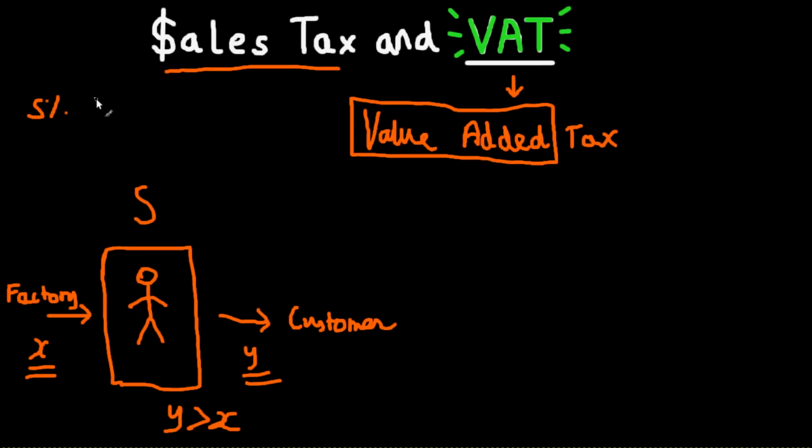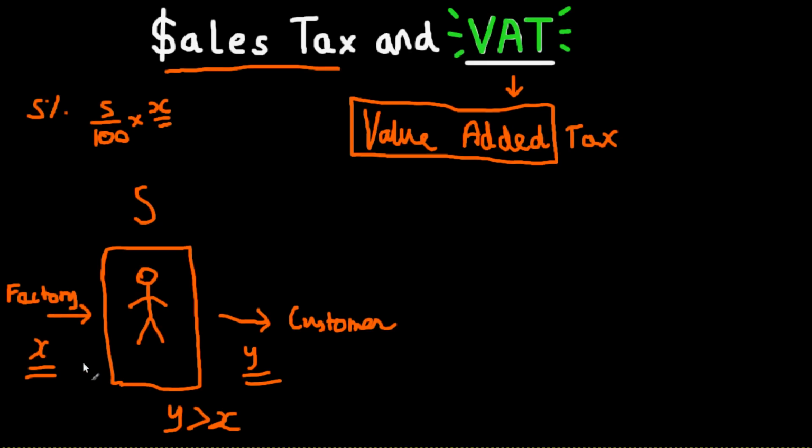Now to find the sales tax on anything, all we do is S by 100 into that article's mark price or discount price, that doesn't matter right now. So this is what we do, assuming that X is the price that we need to calculate tax on. Now just apply this concept over here in this chain that we've made.